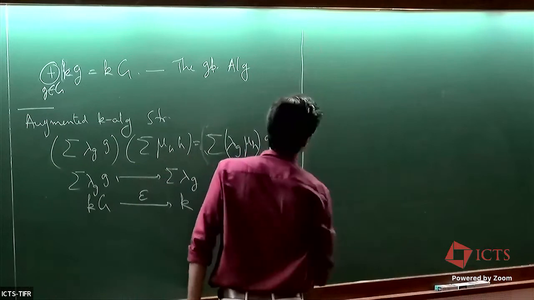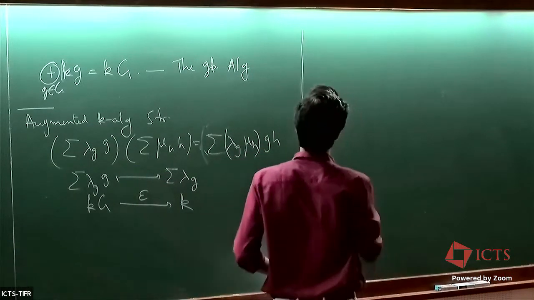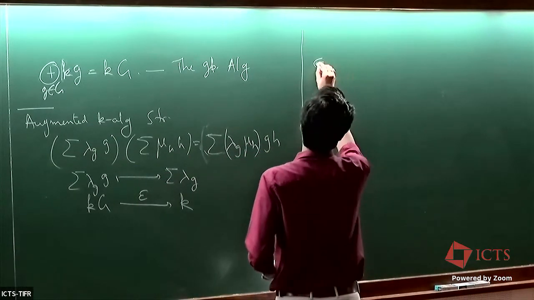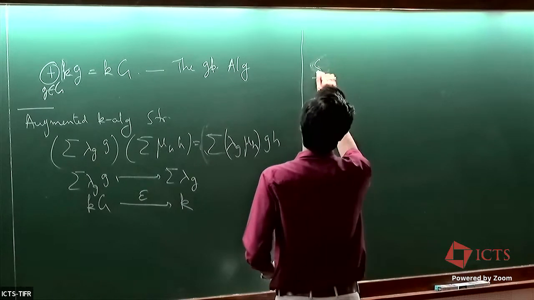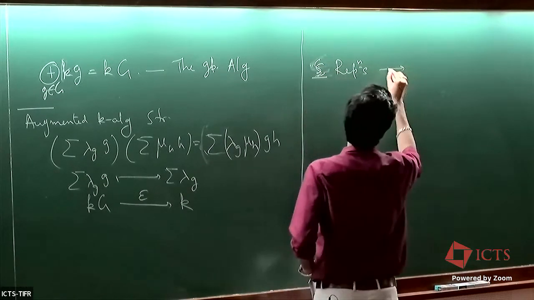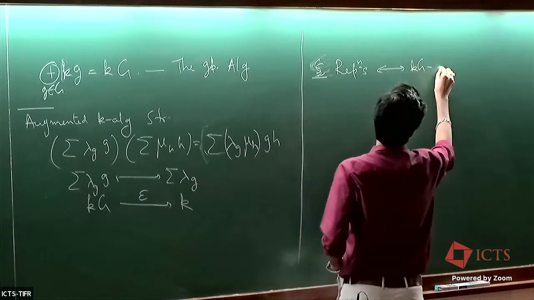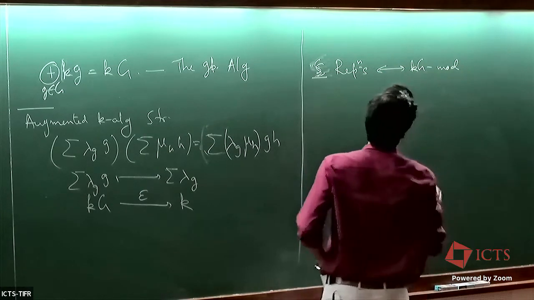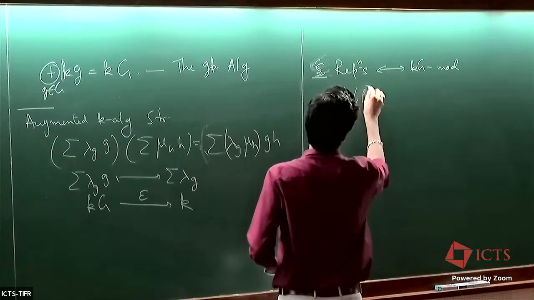And why is that important? That is because of the following. We will first try to make some connections between representations and KG-modules. So consider a representation (V, rho).